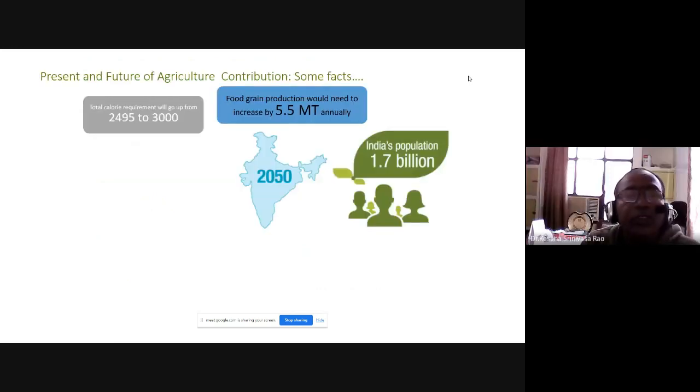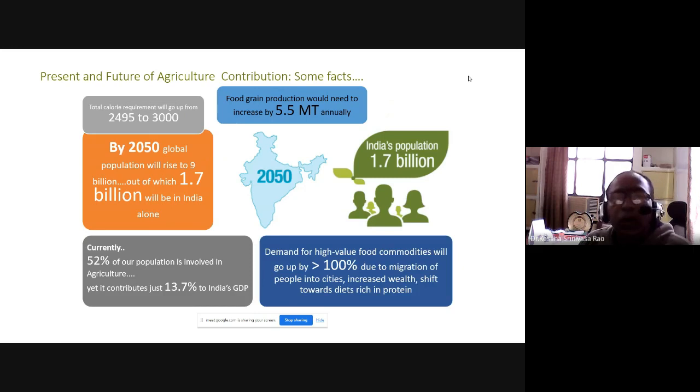Now you can see how the contribution is taking place over a period of time. Total calorie requirement will go up from 2,495 to 3,000 calories. Food grain production would need to increase by 5,005 million tons annually, because by 2050 we are giving just some type of projections.